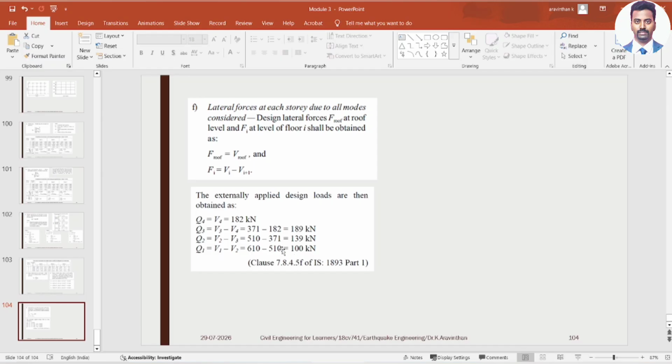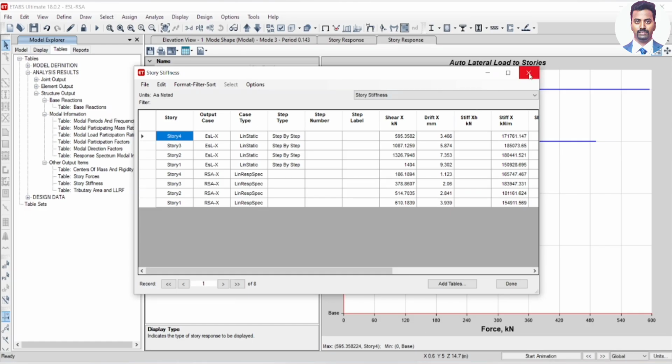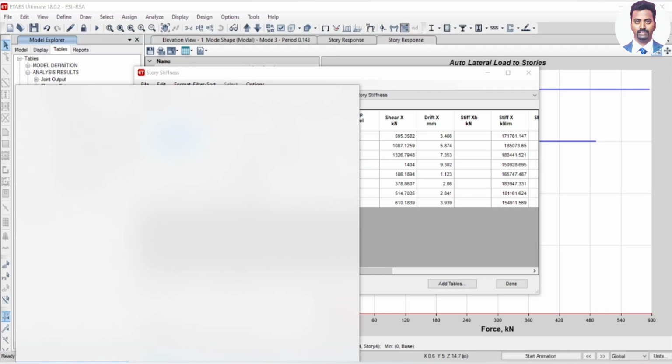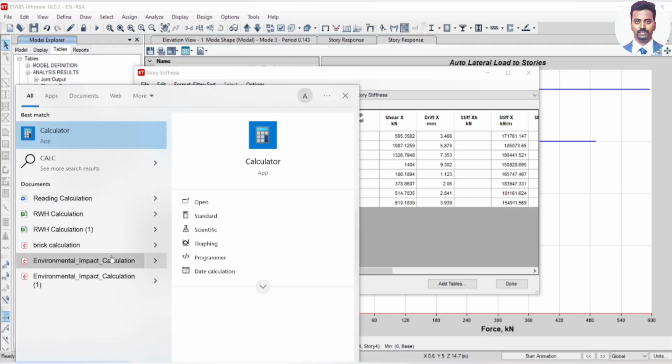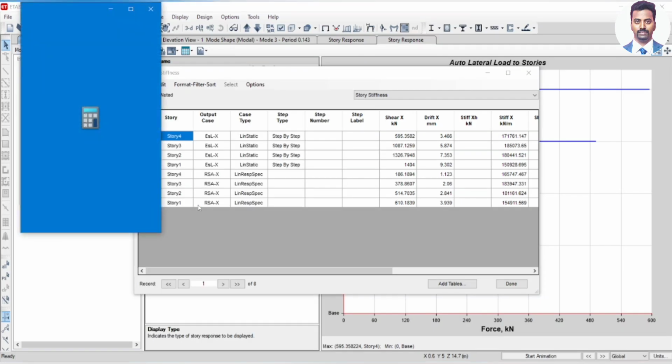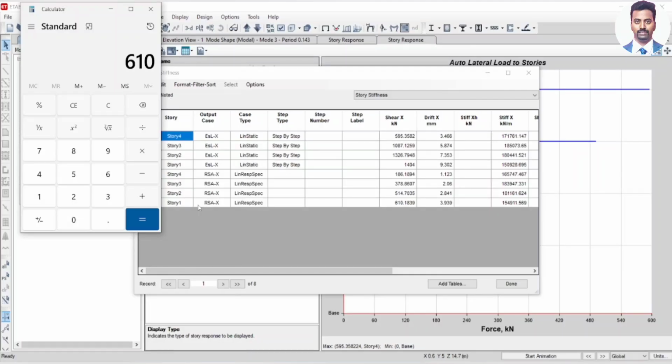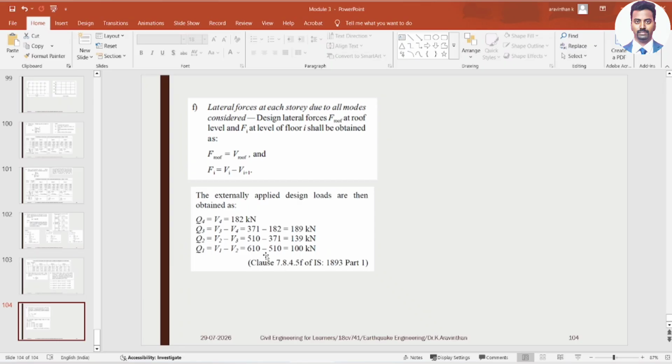And finally, we have lateral force. Lateral force in Q1 is 610 minus 510 is 100 kilonewton. 610, 514. First value is 96. In theoretical, we got 100. Second value is 139.